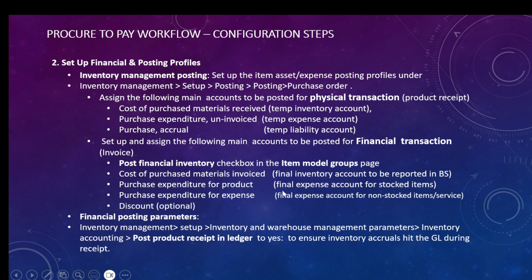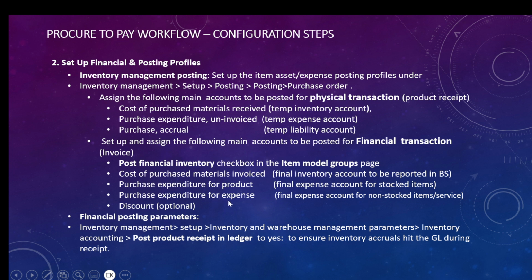I want to categorize stocked items and non-stocked items under 2 different accounts. That's the reason F&O has given 2 different accounts to be configured in case we are dealing with stocked or non-stocked items. For example, a stocked item is a physical item like a brake system. And a non-stock item could be a service item.